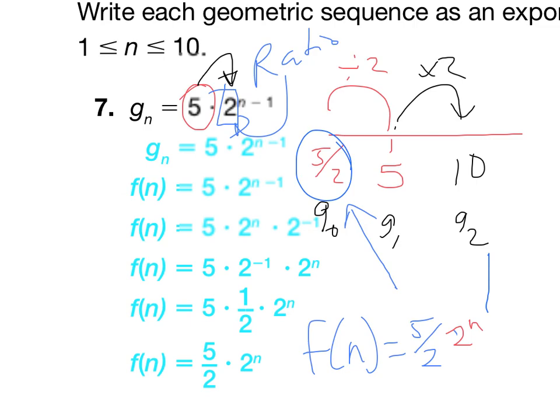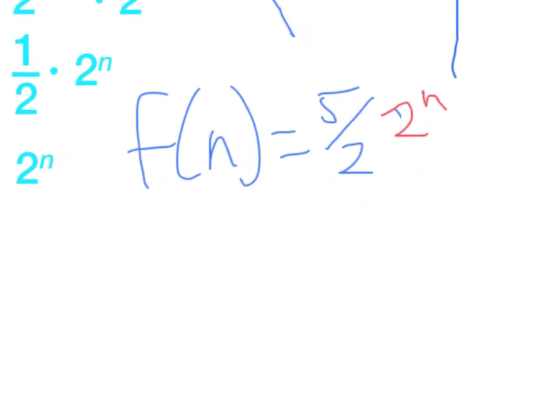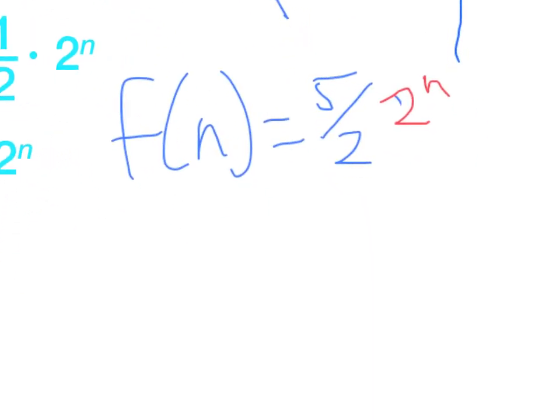Notice that, here, let me write it again, make it really clear. F of n, which means the function with the input as n. Notice that you cannot cross-cancel these two things because of the exponent.